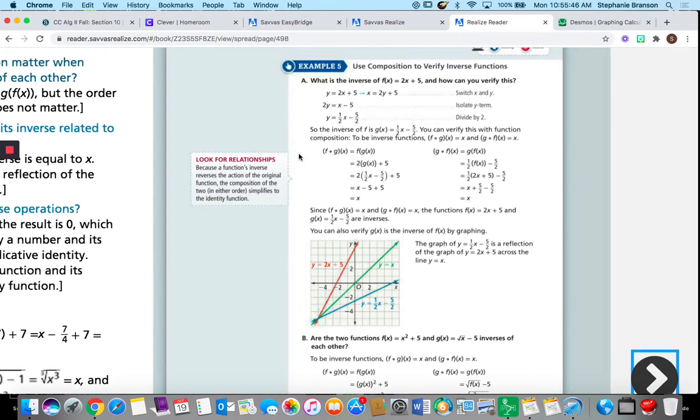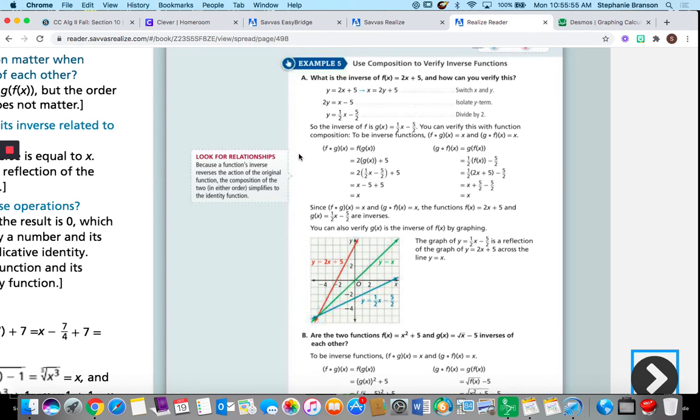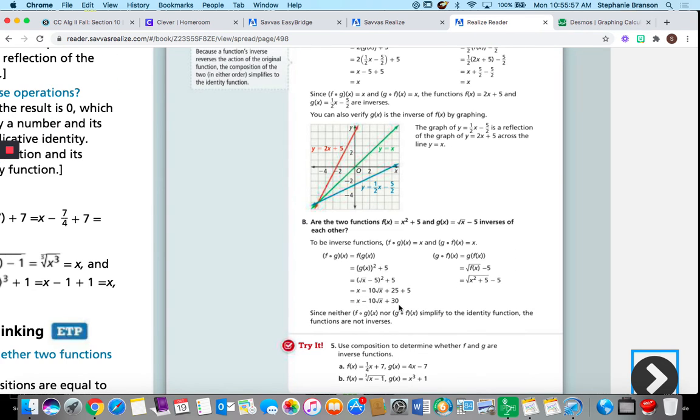It says, what is the inverse of f of x is equal to 2x plus 5, and how can you verify that? Nope, that's not the part we need. We want to know, are they inverses of one another? So to be inverses, f of g of x has to equal x, and g of f of x has to equal x. So that's what we did on Friday. Remember, that's f of g of x, like this. I wrote it down on here.